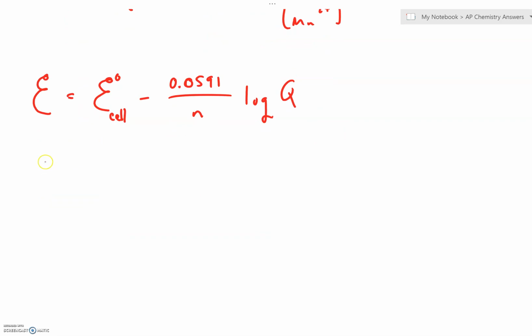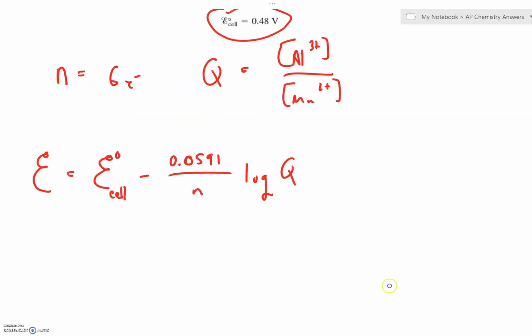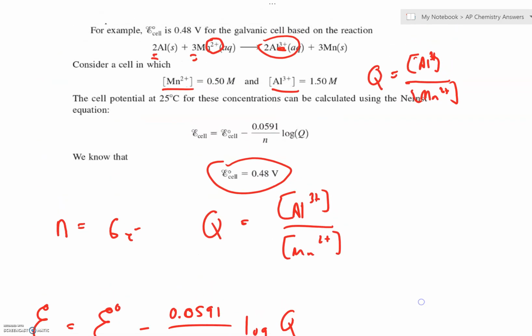So let's plug everything in. Now, this one's going to be a tricky one because we have increased our aluminum from standard conditions of 1 molar, but decreased our manganese. And you could say that, well, all right, there is a stoichiometric relationship going on here, but I'm not really in a position to try to estimate. So if I had to guess, I would say that the voltage would be slightly lower because you're going to be multiplying the consideration of this by 3.